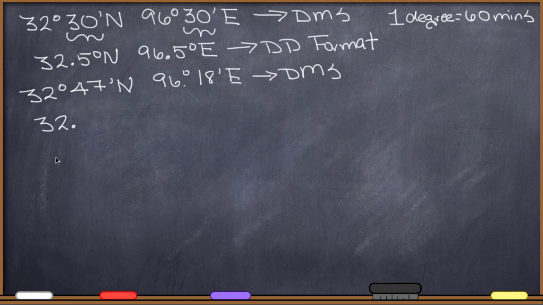So 47 divided by 60 is equal to 0.783 repeating, so 32.783 degrees north. And then over here, 18 divided by 60, that is 0.3. So 96.3 degrees east. Okay, and now we are in decimal degree, DD format.